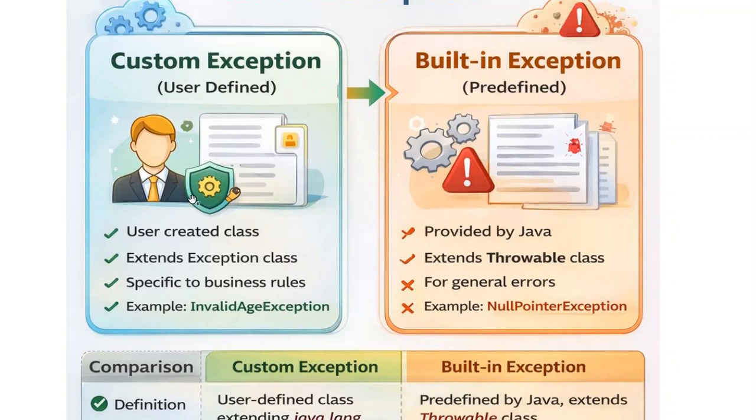Next, user-defined exception or custom exception. As a programmer or developer, we need our own exceptions to handle program exceptions. So the user will create the class for this custom exception. Just as we use NullPointerException or FileNotFoundException, where the class is already present, here as a user you are creating your own exception class.